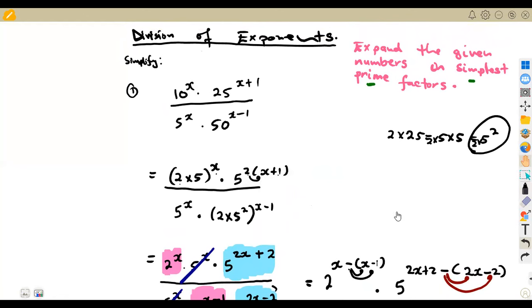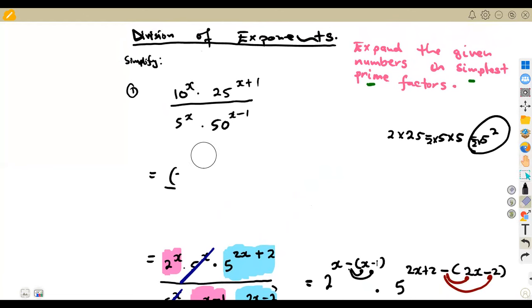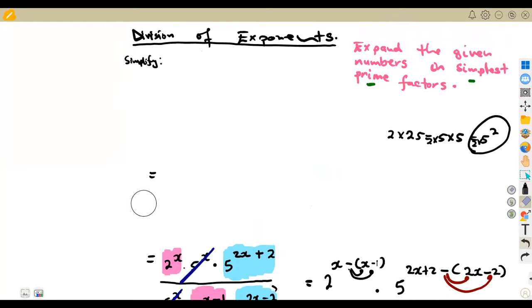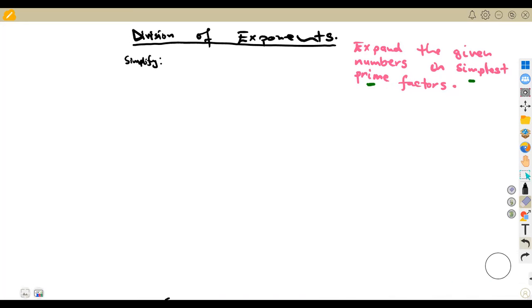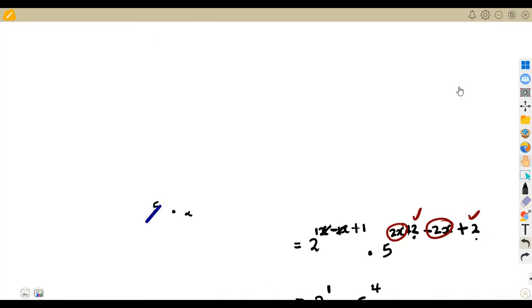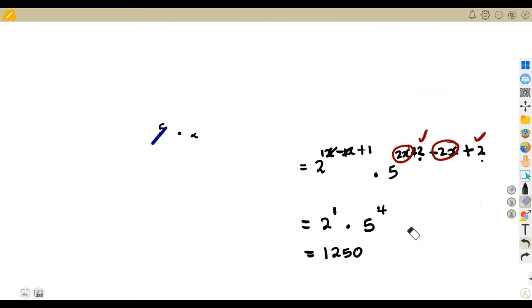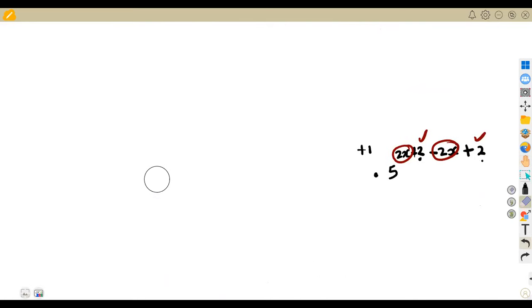Once they are written as prime factors, there is no way that person is going to give you a challenge. As long as they are prime factors, prime numbers. So make sure each number is written as a product of its prime factors. Then you can simplify applying the laws of your exponents.